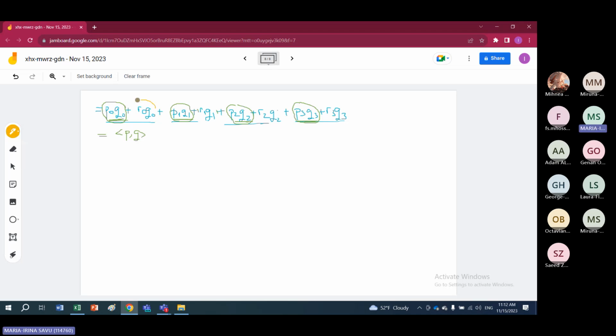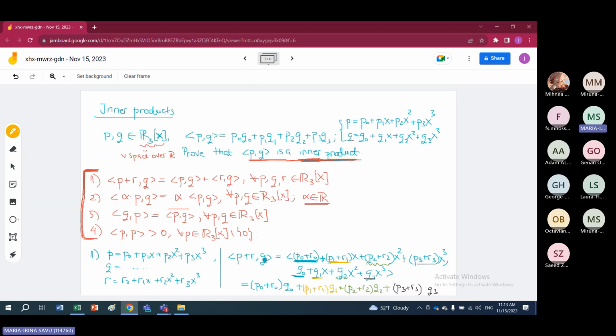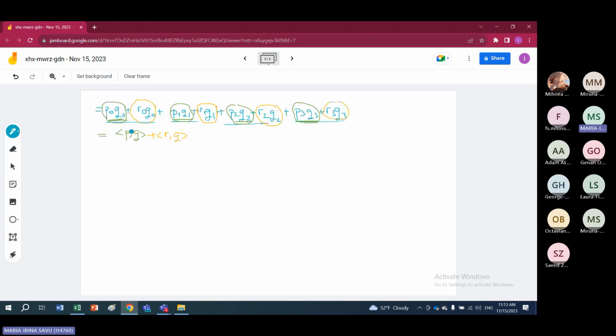The rest, this one plus this one plus this one plus this one, is actually the inner product of R and Q. So I start with this one, and I obtained that it is the sum of these inner products. So the first statement is proved. And all of them will be similar.